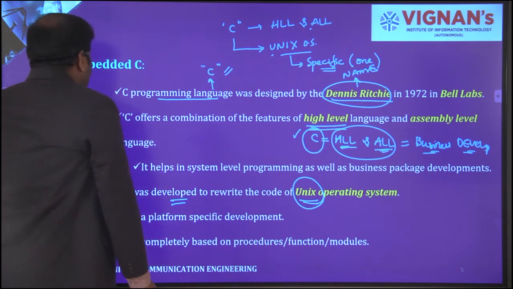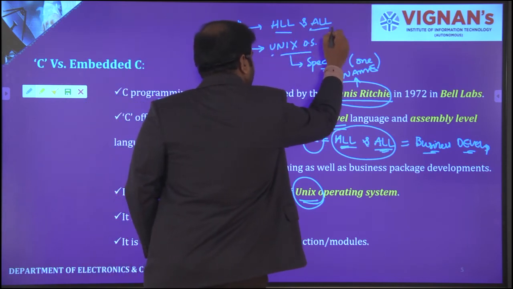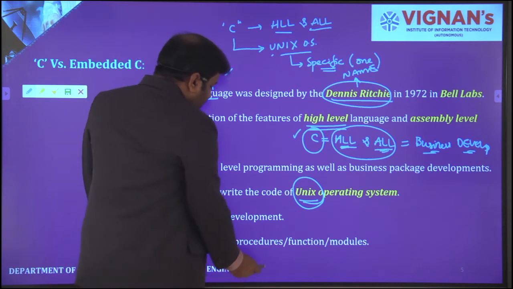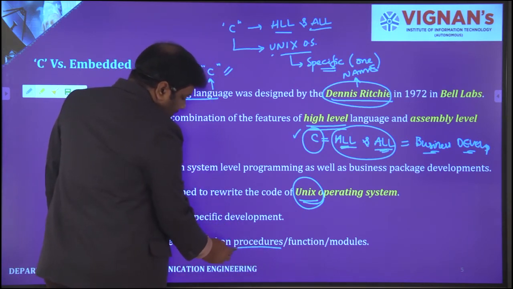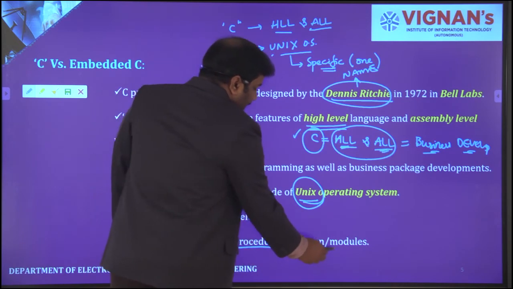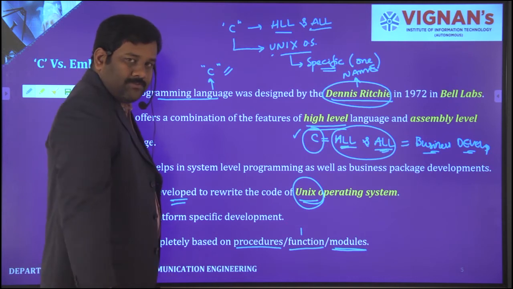Okay? And how you implement by using high level language or by using assembly level language always strictly depends upon the procedure that you are following, the functions that you are implementing, and the modules that support the functions to execute.